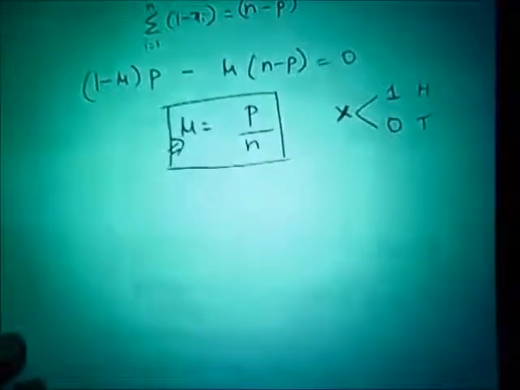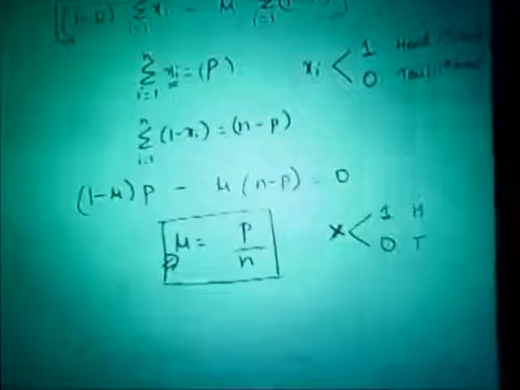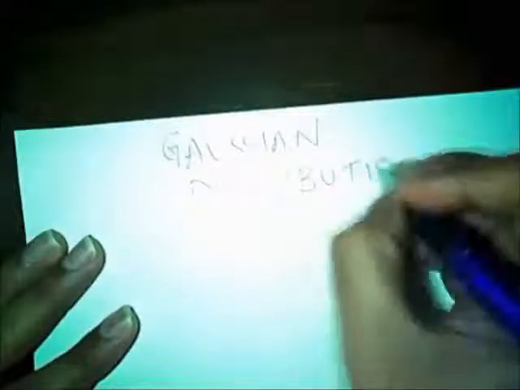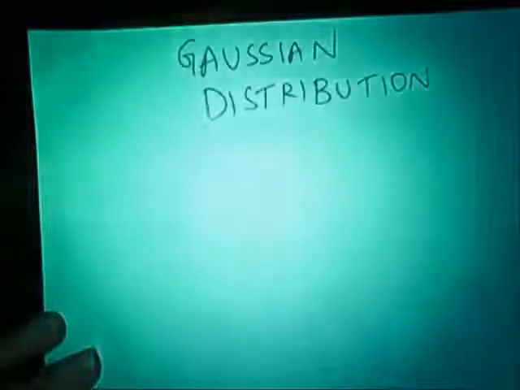Now let us look at one more example, which is the Gaussian distribution. So I'm going to focus on the one-dimensional Gaussian, but you can extend the results that we are going to see here to multi-dimensional Gaussians. The essence of MLE remains the same.